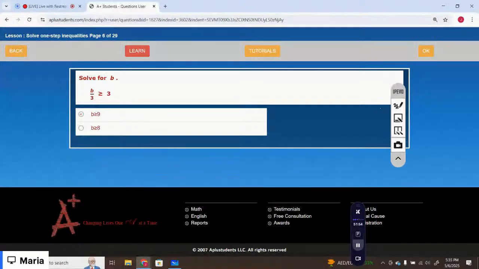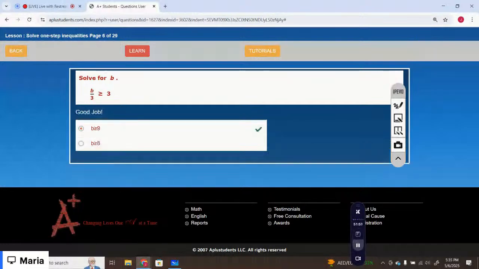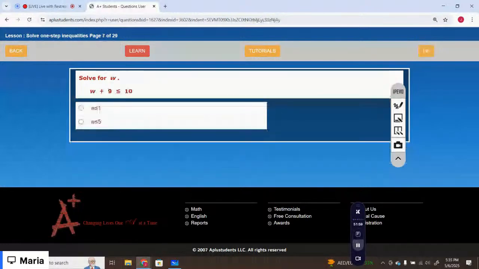Option number 1 is the correct option. W is less than or equal to 1.